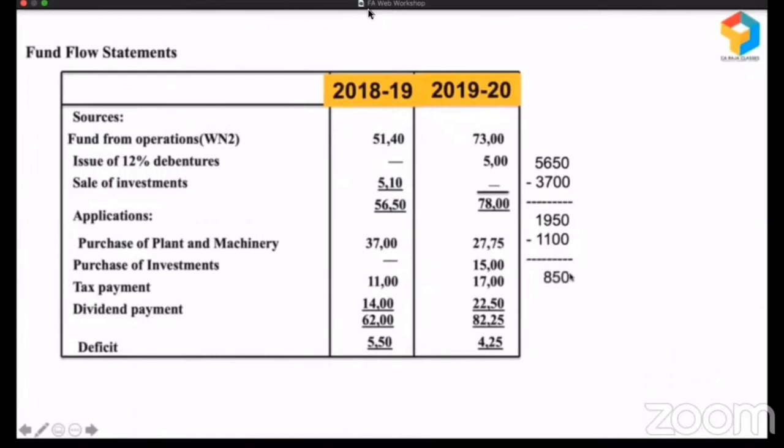When they are left with 850, they made this mistake. When they are left with the long-term fund of 850 only, they went and paid a dividend of 1,400. What is the amount they have? 850. But what is the dividend they have paid? It is 1,400.